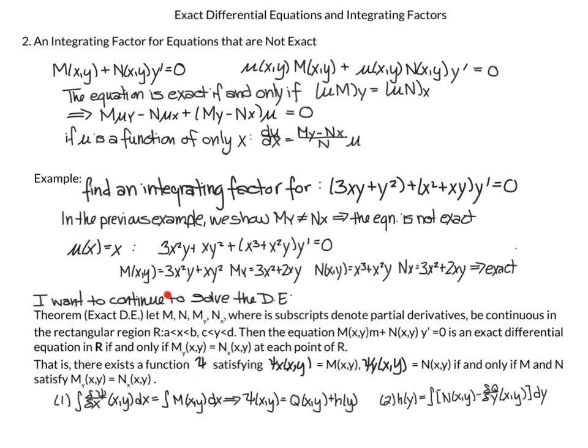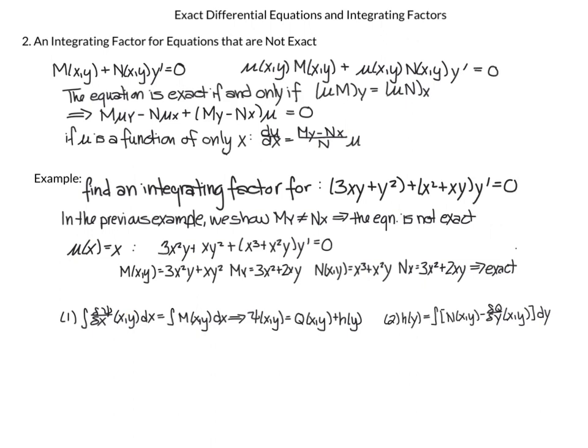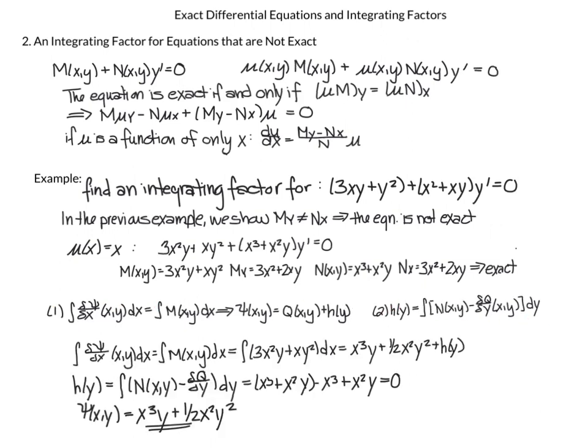To continue to solve our differential equation then, I'm going to use our method here where we find psi as q(x,y) plus h(y), and then we find h of y. And for our reference, I rewrote those two steps up here. So starting with psi, I have the integral of psi_x dx is equal to the integral of M(x,y) dx.